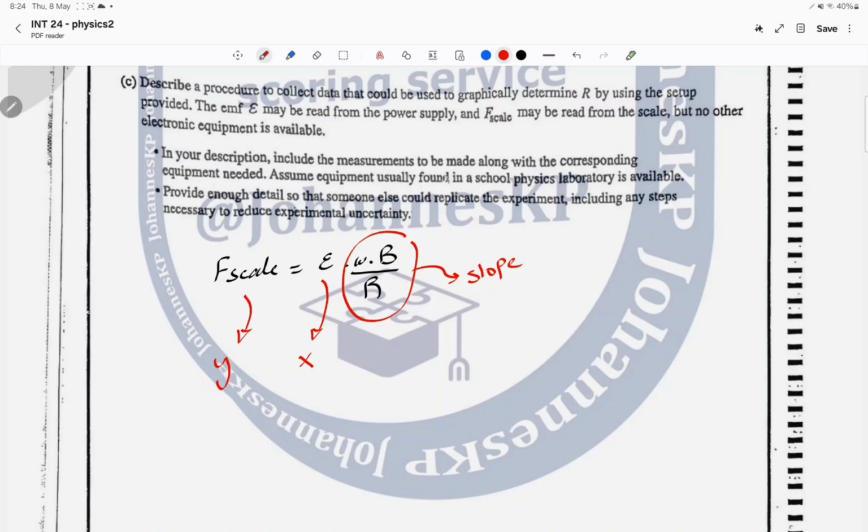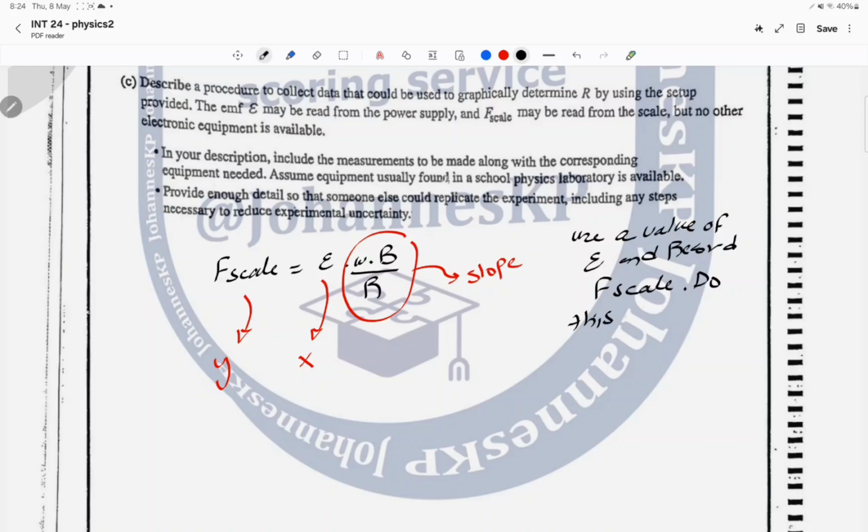We can vary the EMF, get different F scale readings, do this at least 5 times, plot them, and the slope is equal to WB over R.